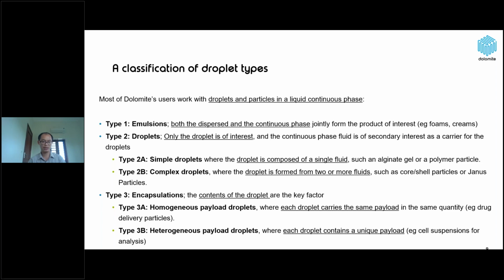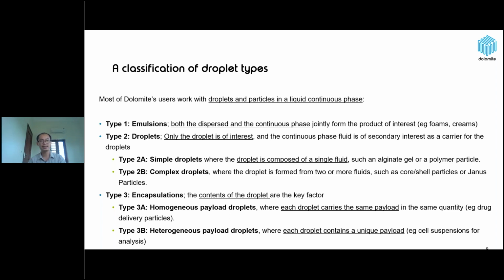This includes the simple droplet, where the droplet is composed of a single fluid such as alginate gels or polymer particles, or the complex droplet, where the droplet is formed from 2 or more fluids such as core shell particles or Janus particles.